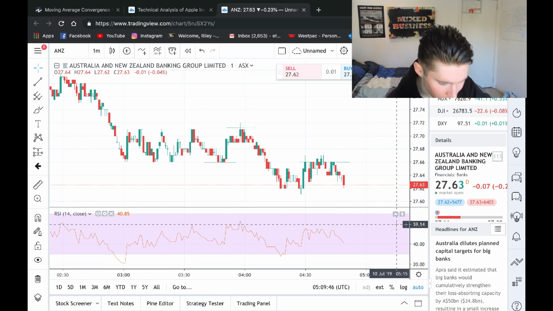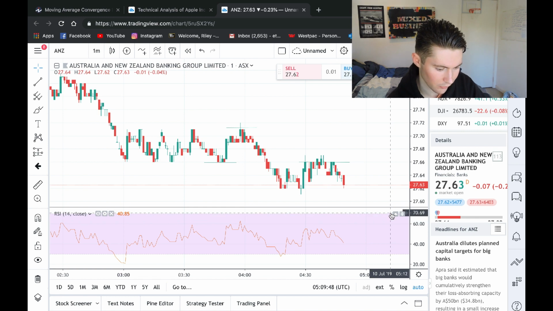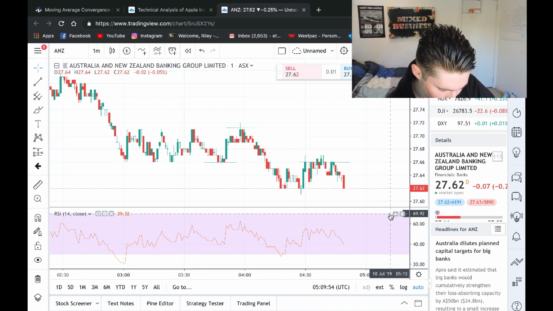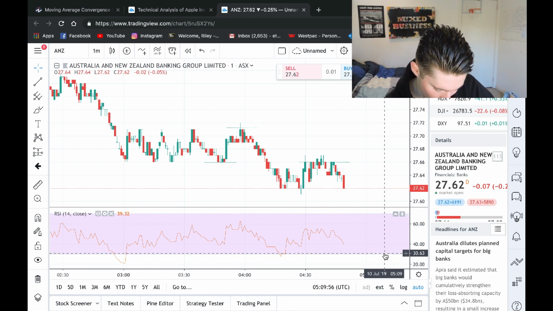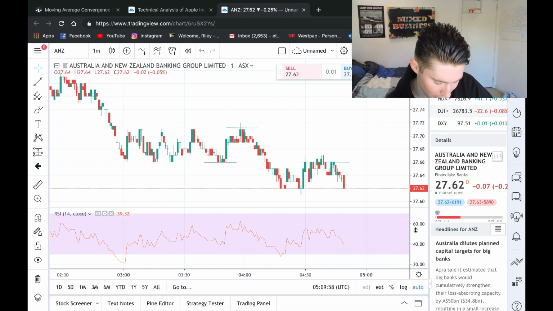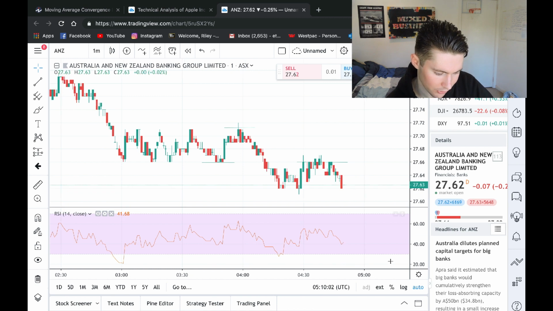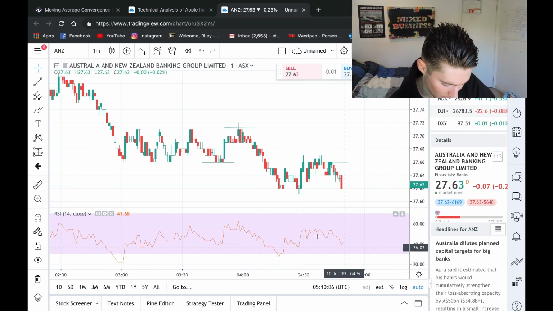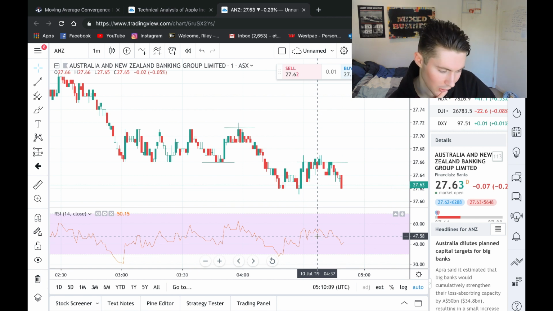That's 60, that's getting high, and then it's overbought when it's above this point. And when it's oversold, it's below 30. So down here, when it's overbought, it may mean that a potential downswing is going to happen, and when it's oversold, it may mean that a potential upswing could happen, based on volume and RSI.